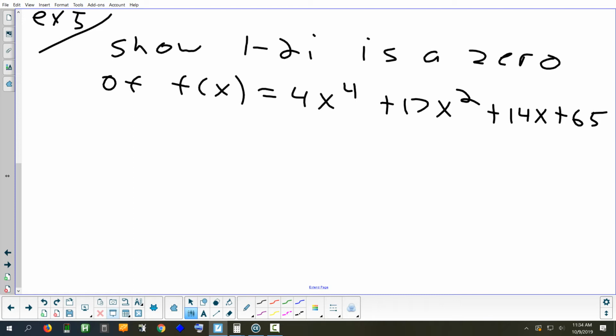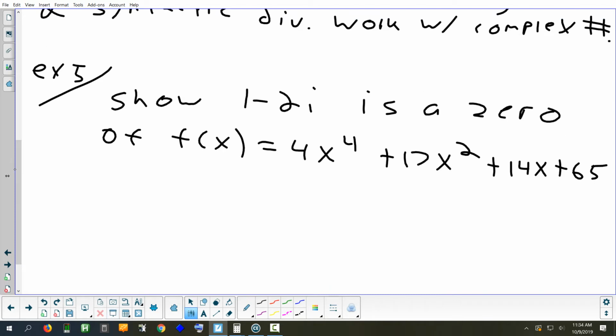It's really x minus c. If you wanted to distribute it out, it's x minus 1 plus 2i. I'm showing that that is a factor. X minus c. So, put what comes after the minus sign on the outside of your bracket. That's what's after the minus sign.